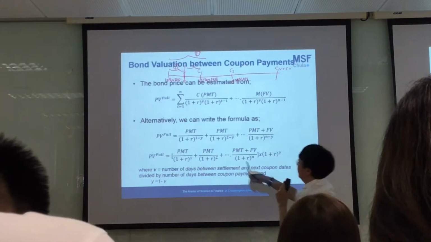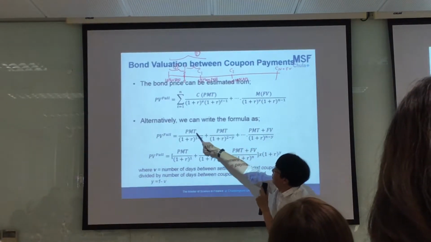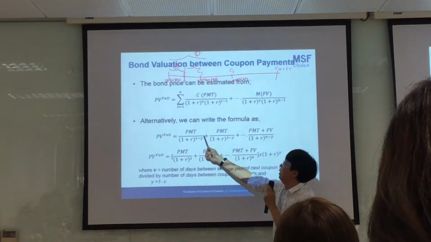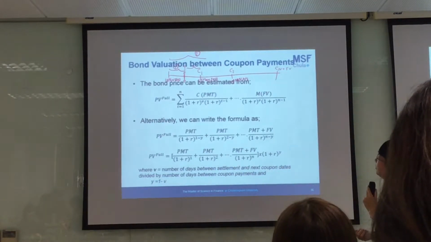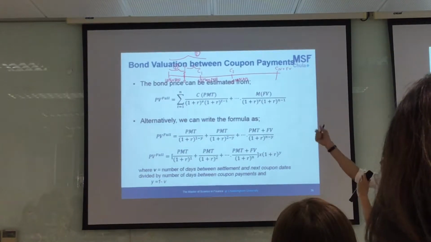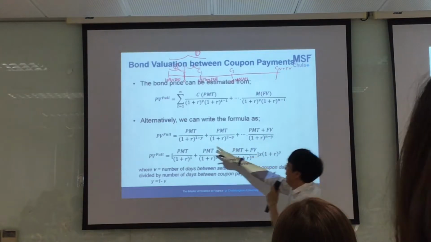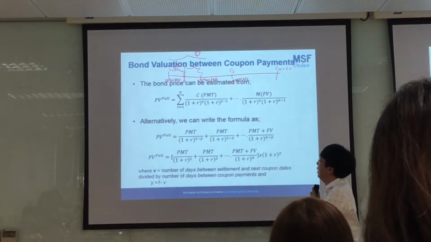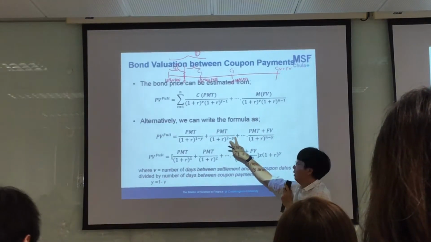So you have this equation. First coupon payment divided by 1 plus R over 1 minus Y. Because the total period is 1, and then you deduct the first part, it is equal to V. 1 minus Y is equal to V, right? And here, the second is over 1 plus R2 to the power of 2 minus Y, right?